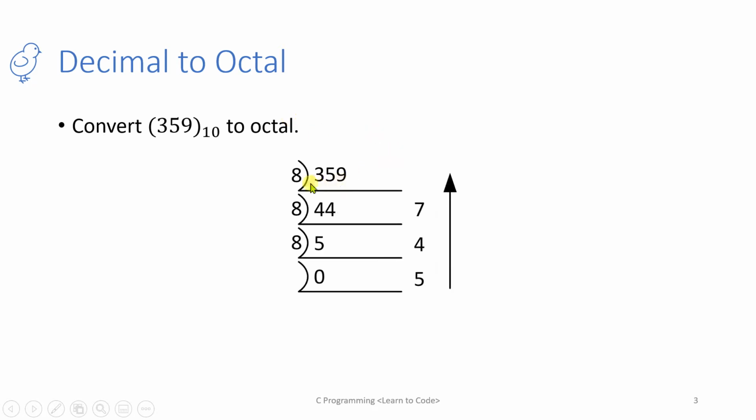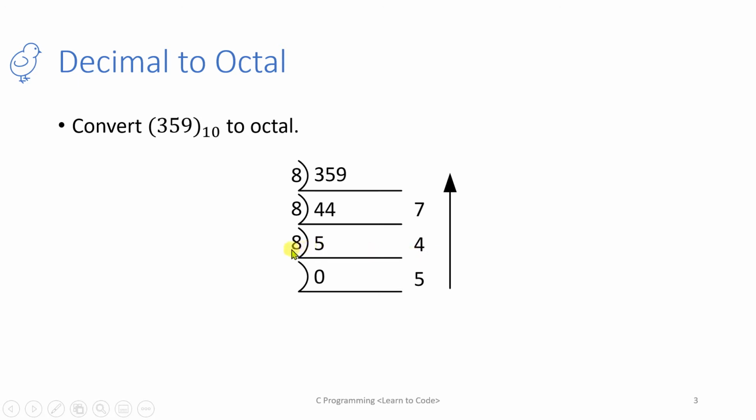So now see, suppose I want to convert this 359 in base 10 to octal, then I will start the division from 359 divided by 8. So 359 divided by 8 is 44, since 8 times 44 is 352, and the remainder you will get is 7. Similarly, when you divide 44 by 8, then 8 fives are 40, so the remainder is 4.